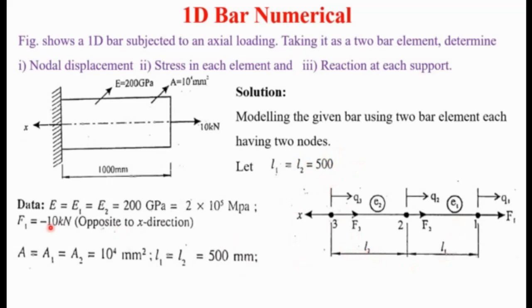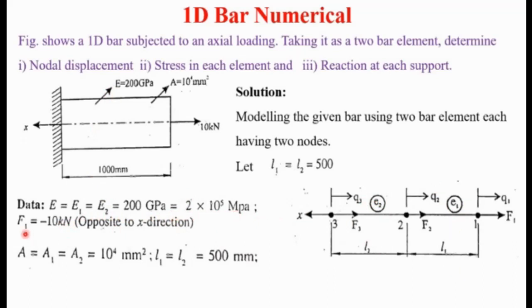Now these are the given things. The material of the bar is the same throughout, so Young's modulus E is equal to E1 and E2, which is equal to 200 gigapascal, which is equal to 2 into 10 raised to 5 megapascal. We have to convert it into megapascal or Newton per mm square.